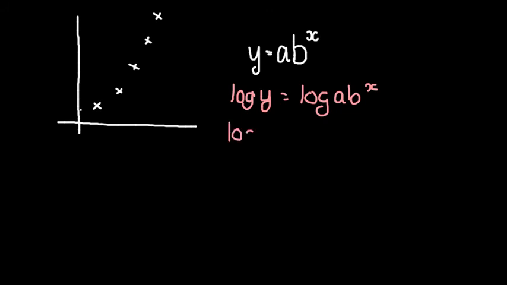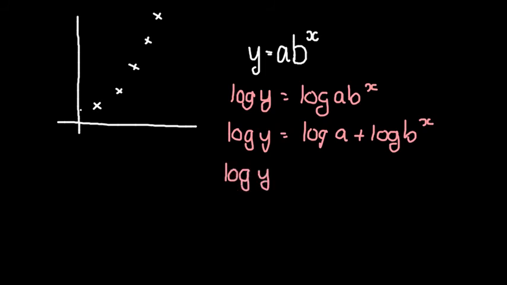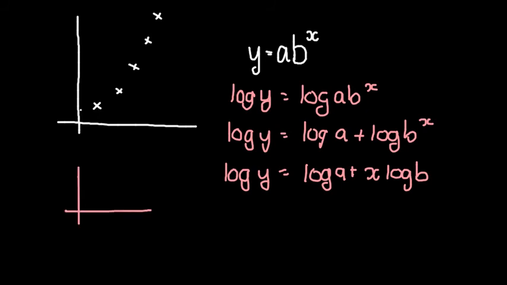I can split up that right hand side log into log base A plus log base B to the x, and use the third log rule or first log rule, depending on which way around you order them, to give you x log b. In which case our linear relationship will come from plotting log y against x. Our intercept is going to be log base A, and our gradient this time will be log b. But that's because it's a different relationship to start off with.